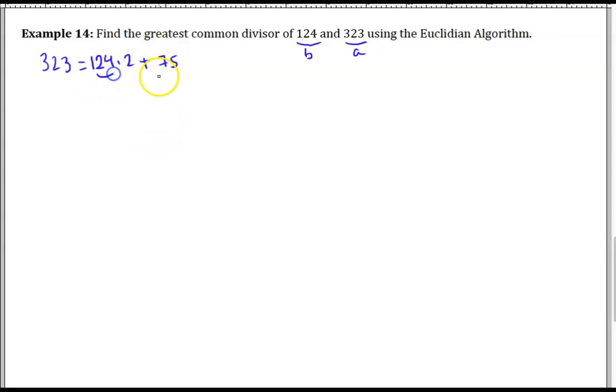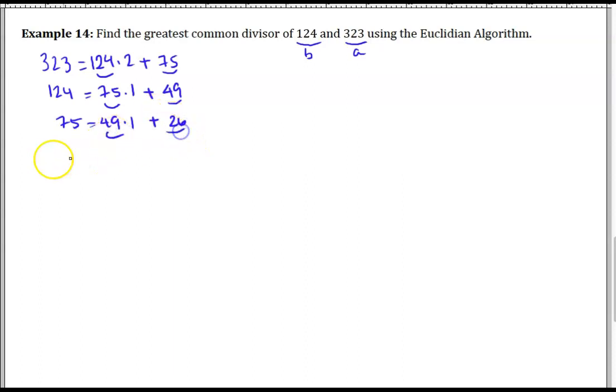Okay, now this is my A and B. So 124 is 75 times 1 plus a remainder of 49. And that's my A and my B. 75 is 49 times 1 plus a remainder of 26.